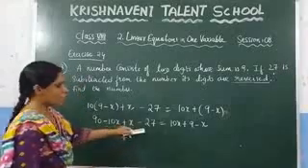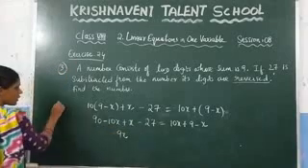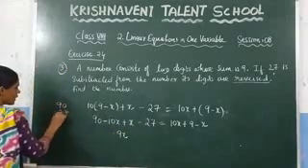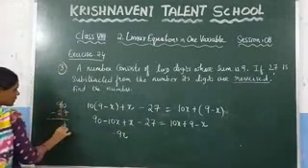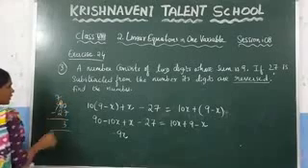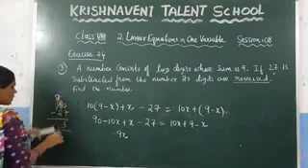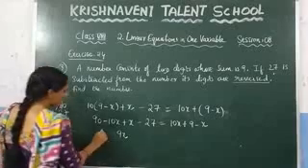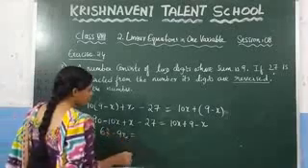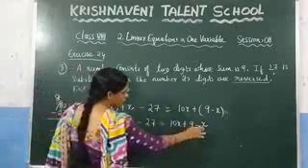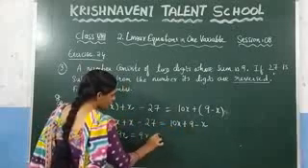Now what is the value of 90 minus 27? 10 minus 7 is 3, 8 minus 2 is 6. So you get 63 minus 9x is equal to 10x minus x, which is 9x, plus 9.